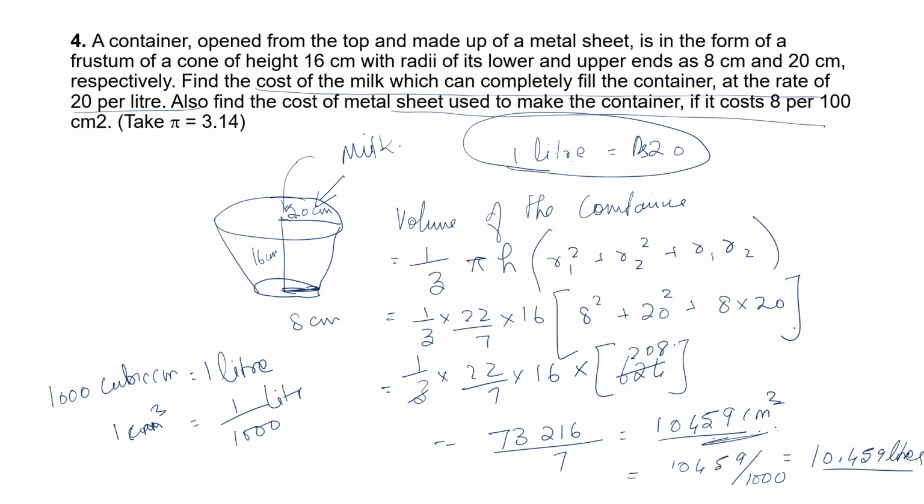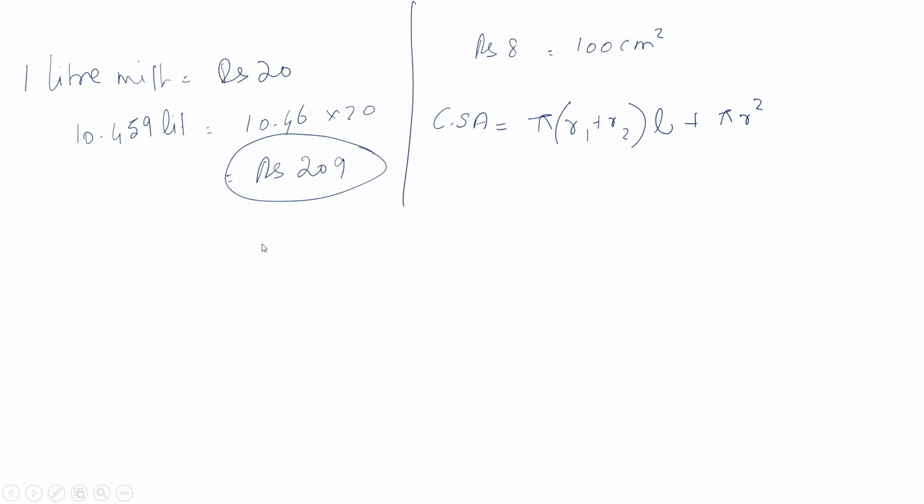CSA is the curved surface area, plus only one area of the bottom. This is the metal sheet required to make the container. The container is made from some metal, and if you find that area, only then can we calculate the cost required to make that container.